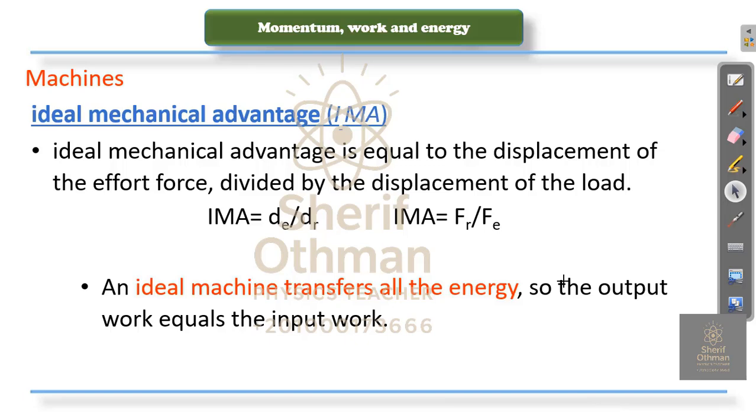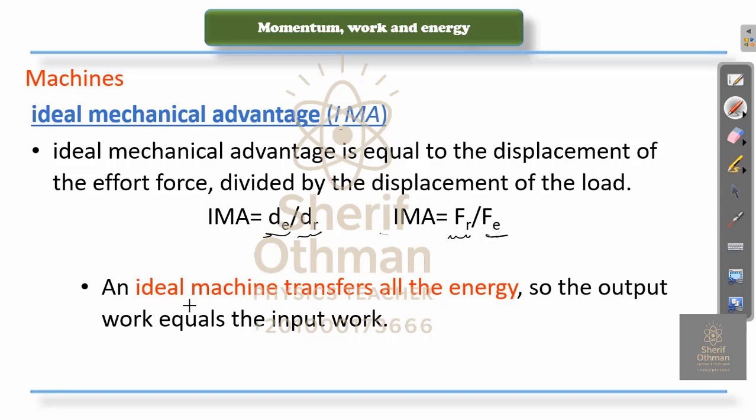The ideal mechanical advantage is always greater than 1, as to make a useful machine the effort arm must be greater than the resistance arm, or the resultant force, the resistance force, is greater than the input force or effort force.